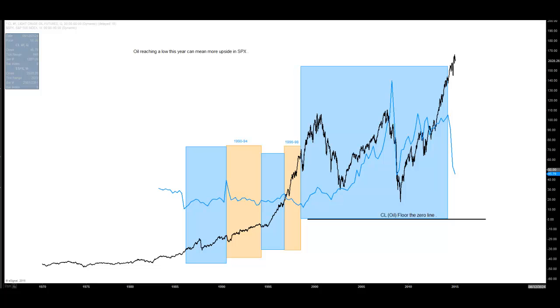The oil correlation with the S&P is huge, and wherever the S&P goes, oil goes, and wherever oil goes, the S&P goes. Contrary to what the logic says, that the lower the oil price, the better for the companies, the charts tend to look otherwise.